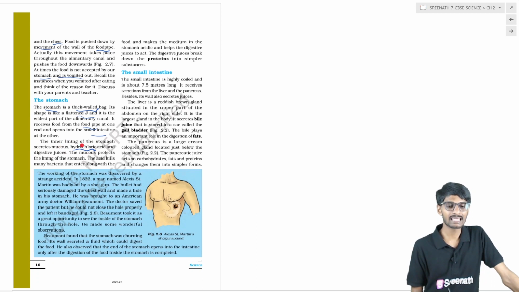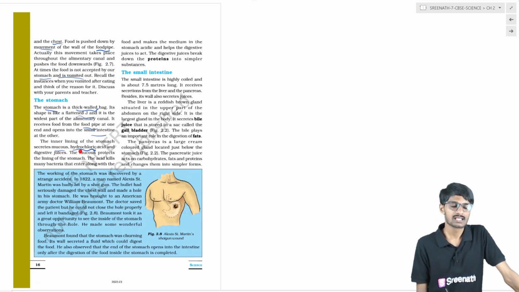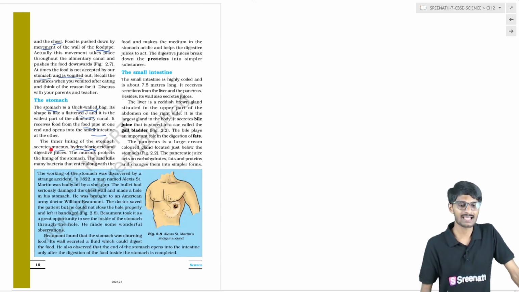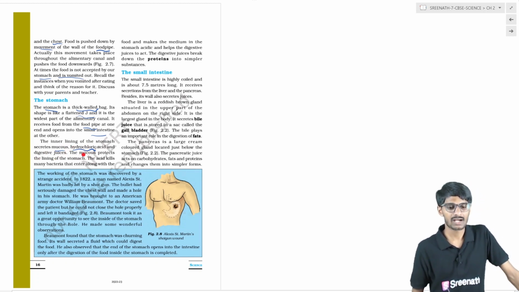The inner lining of the stomach secretes some mucus and hydrochloric acid, and some digestive juices. This hydrochloric acid kills many bacteria that enter along with food.